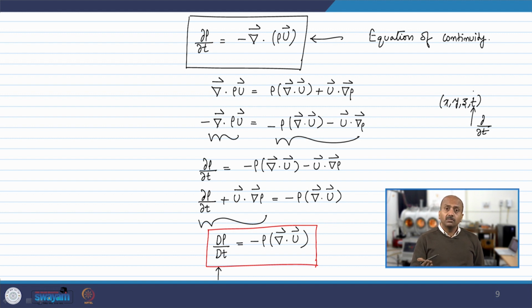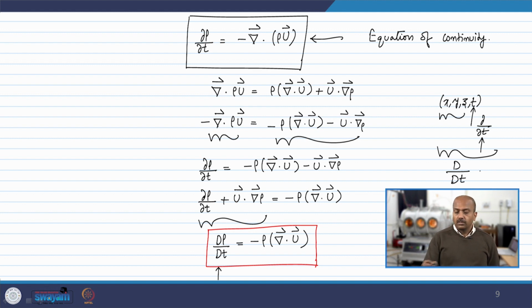The change brought in because of the changing space coordinates is represented by this, and the time that elapses from one point to another is represented by this. So, a combination of these two is called the total derivative.